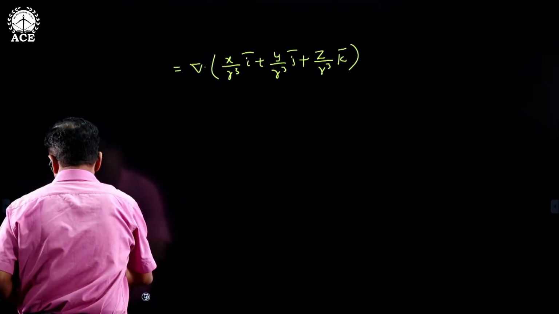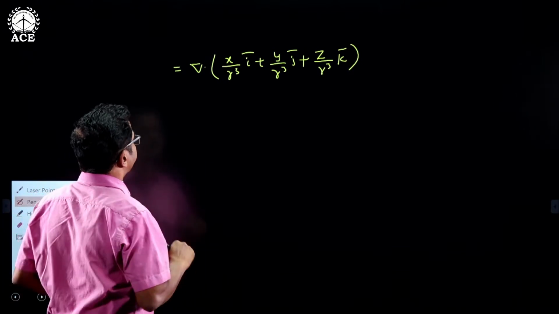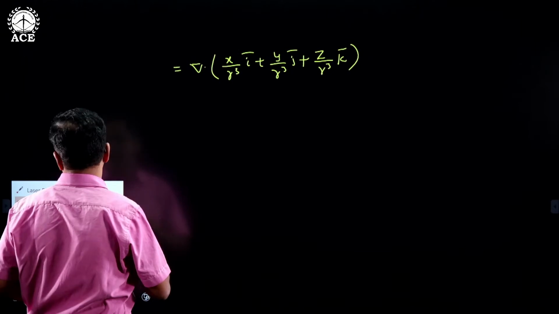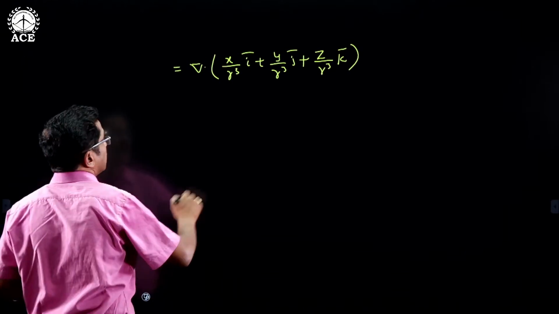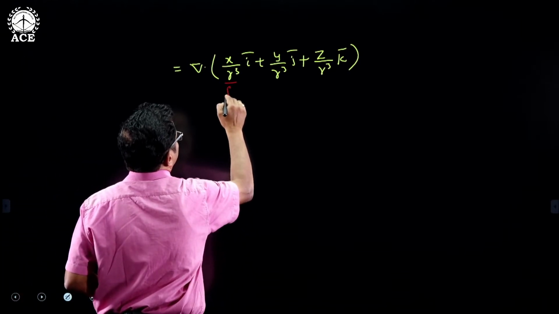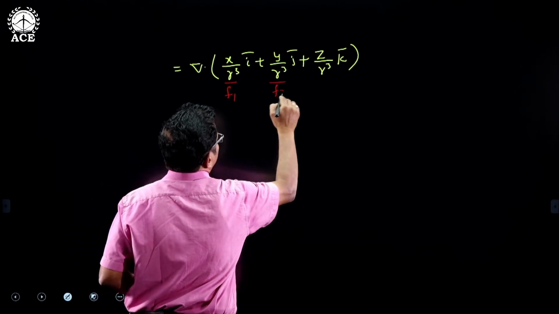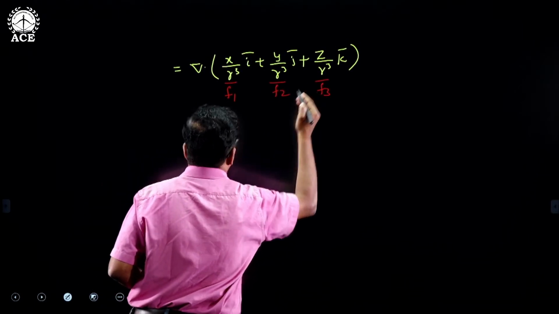Here I write this as f1, this I am taking as f2, this I am taking as f3.